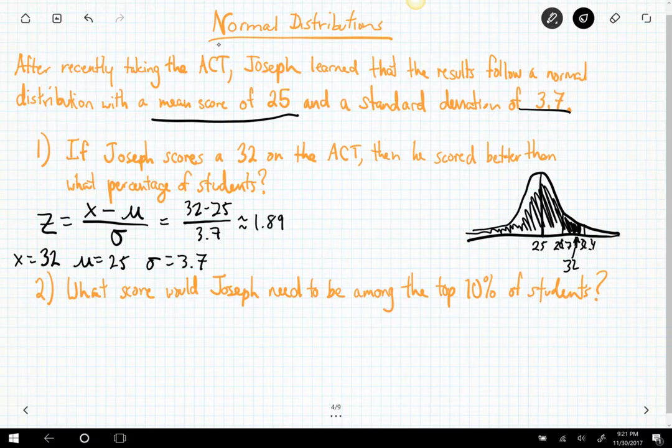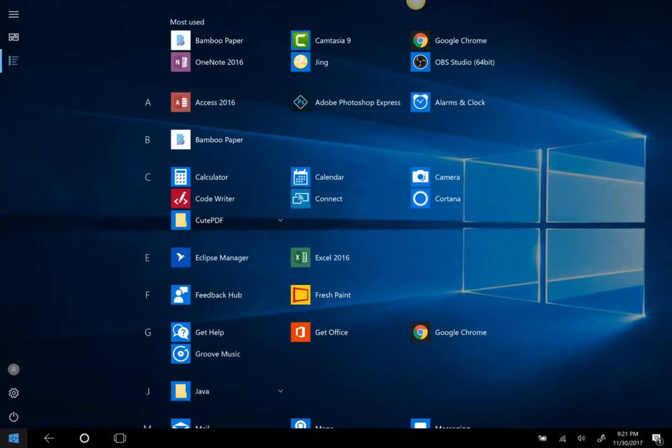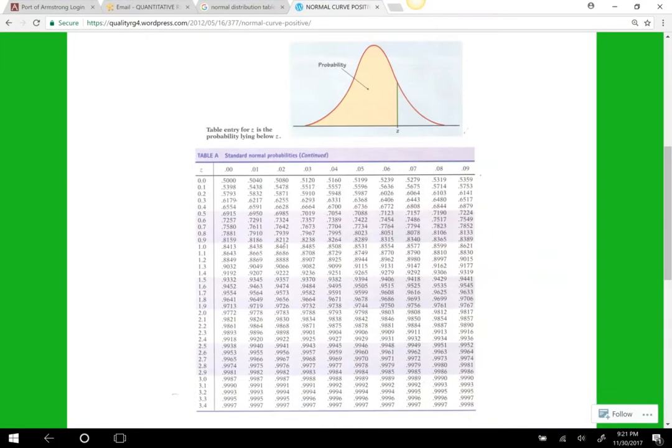So I'm going to make a quick jump in terms of the percentage. I have to look up a z-score of 1.89 in the table. So in order to do that, I actually already have it here. So we need to look for 1.89. You can kind of see the scrolling going on right here, hopefully.